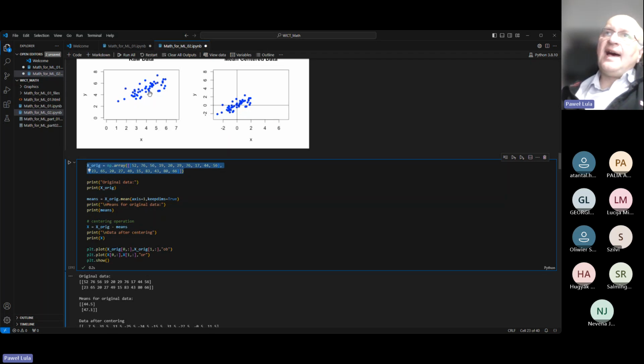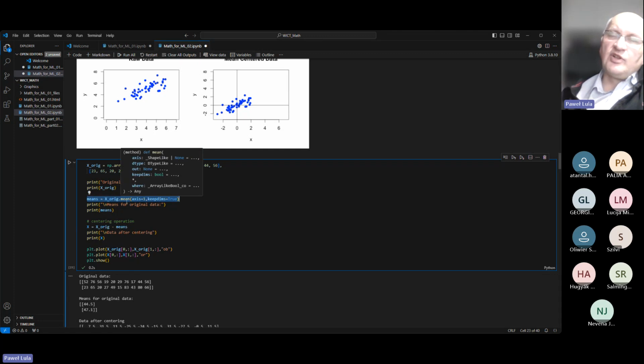It means that I subtract the average value for the first and for the second coordinate from the coordinates of every point. It is defined here. Mean values are here. The mean function I use for calculating the average value for the first row and for the second row of this matrix, and I subtract these mean values from the elements in this matrix.